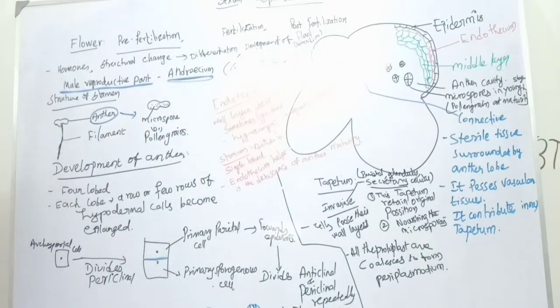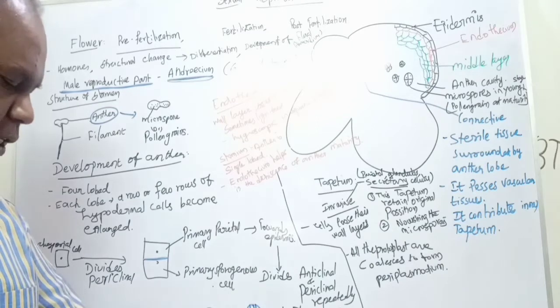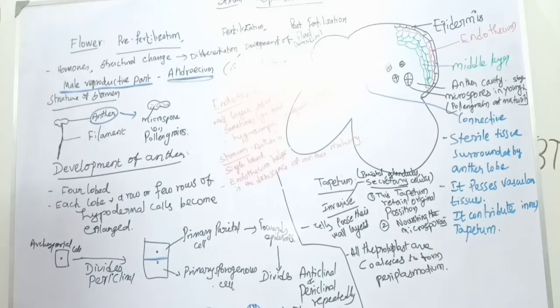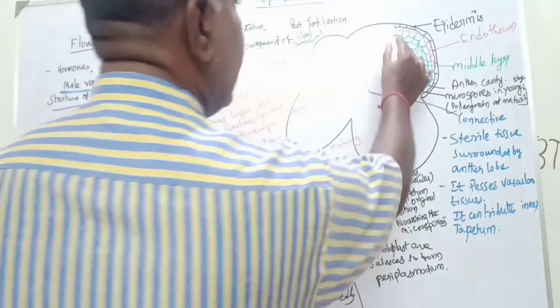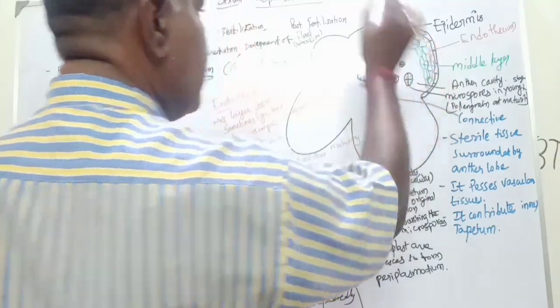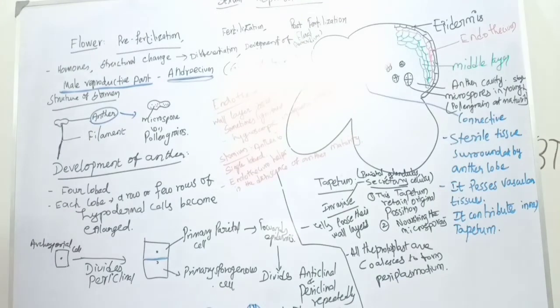The second one is the endothecium. It is generally a single layer, radially elongated and found below the epidermis.